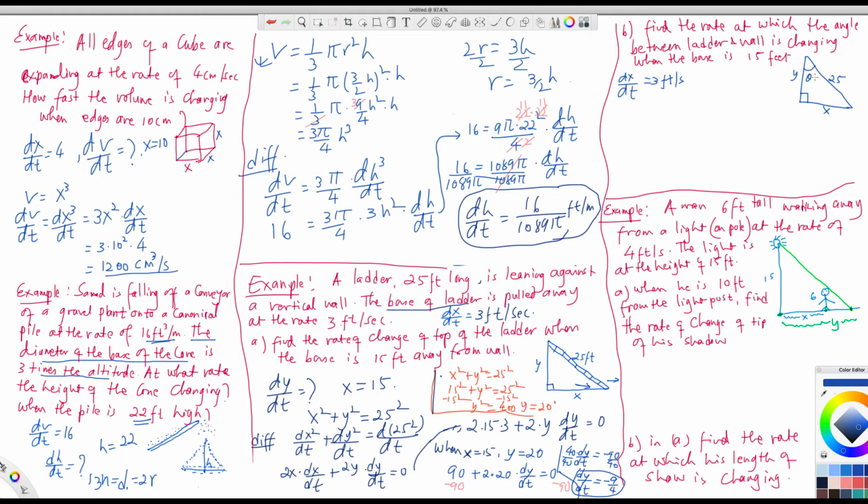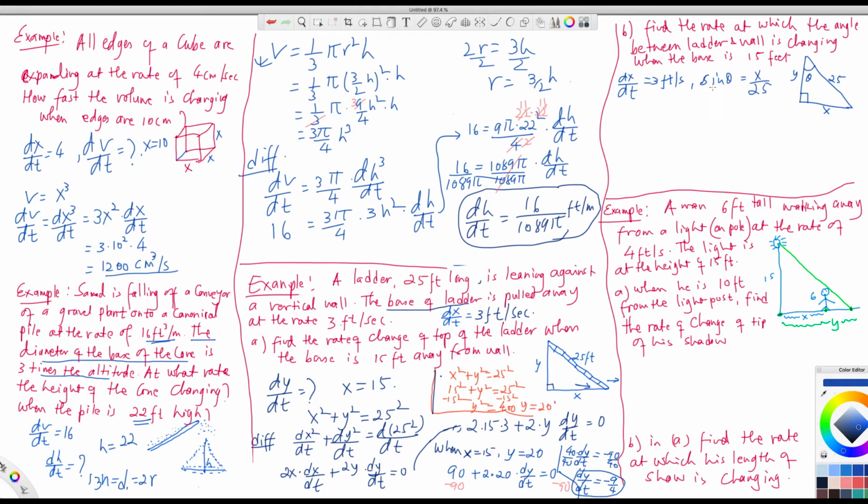This is the reference angle, this is the adjacent side, and this is the opposite side, and this is the hypotenuse. What ratio relates the opposite side and the hypotenuse? That is sine theta, right? So sine theta equals x over 25.